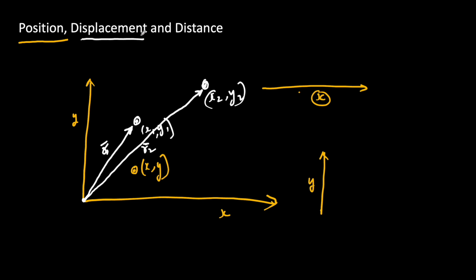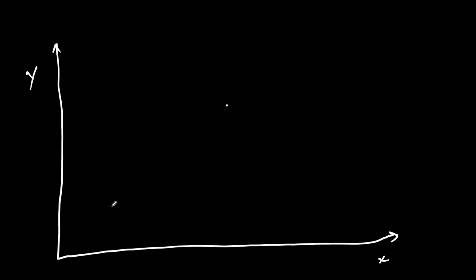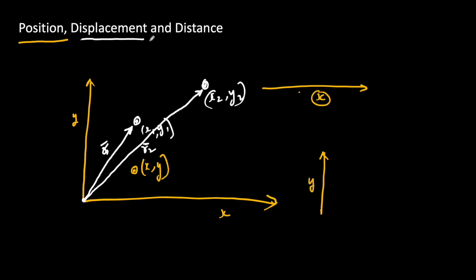Now let's see displacement of a body. Again let's take a plane, x, y, and we have a body here. We are going to study displacement and distance. We will see both.